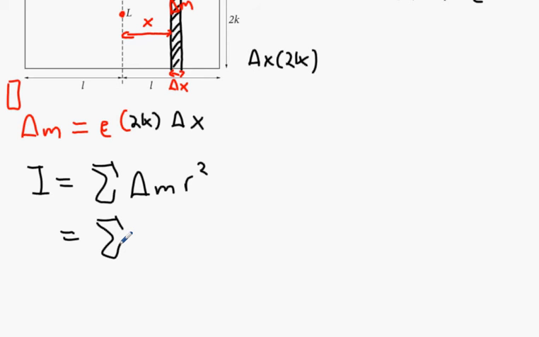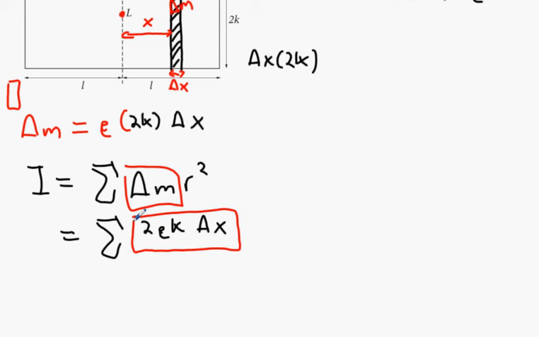So what is delta m again? It's 2 rho k delta x. Now that's just the m value, okay? That part there is that part there. What part have I left out?